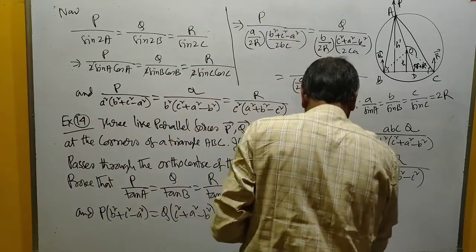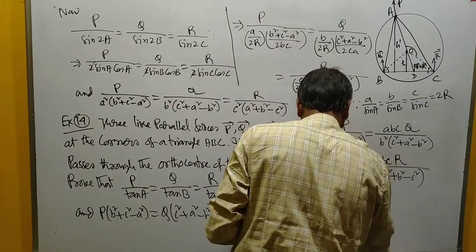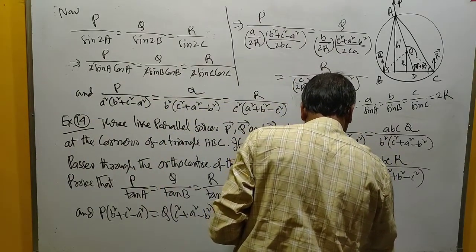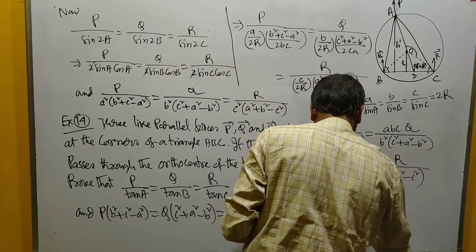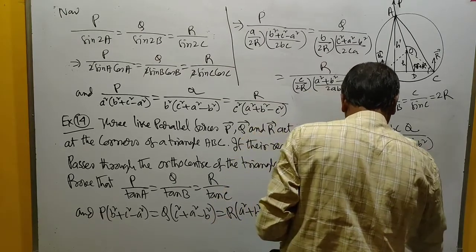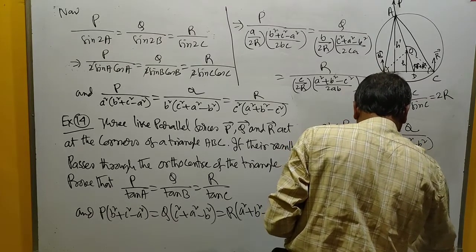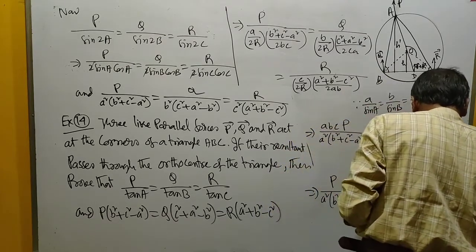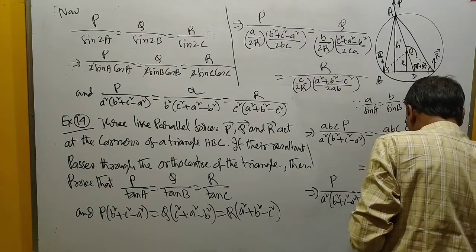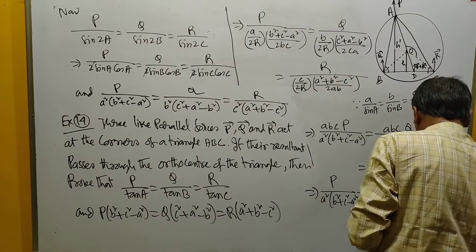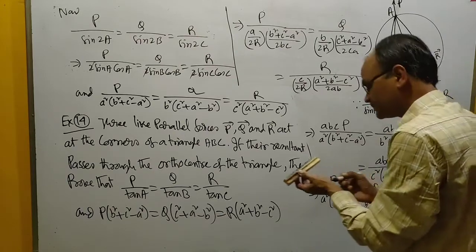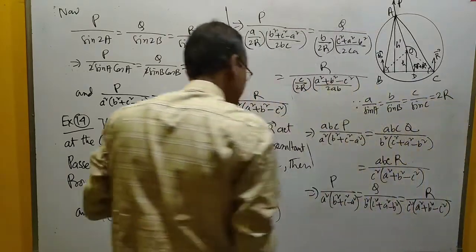This abc will be cancelled. This means p by a square into b square plus c square minus a square equal to q by b square into c square plus a square minus b square equal to r divided by c square into a square plus b square minus c square.